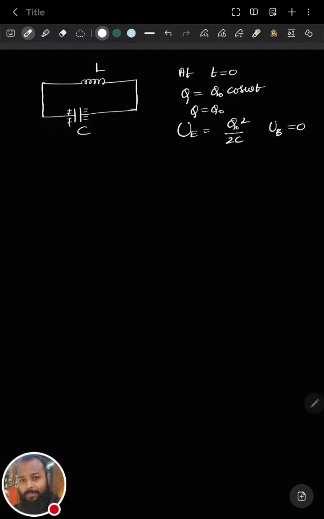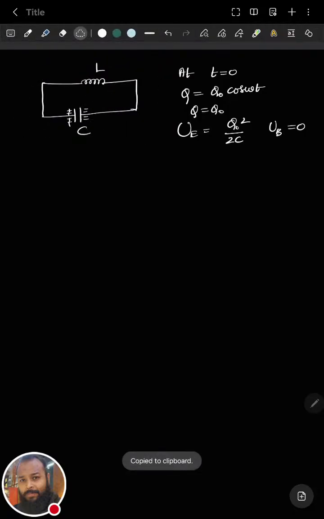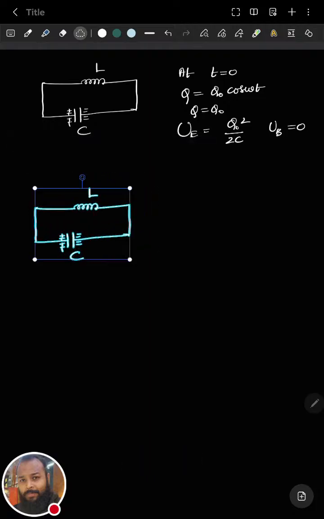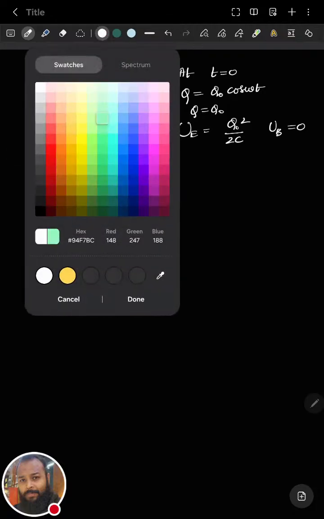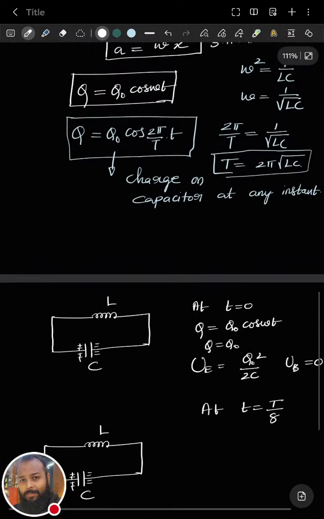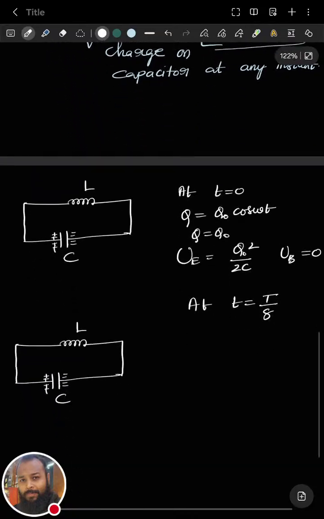But what happens if I draw this diagram? Again here I am changing it, see. Now this is the instant at t is equal to T by 8, let's say. So t is equal to T by 8, I want to substitute here in Q is equal to Q naught cos 2 pi by T इसमें, इसमें substitute करना है.